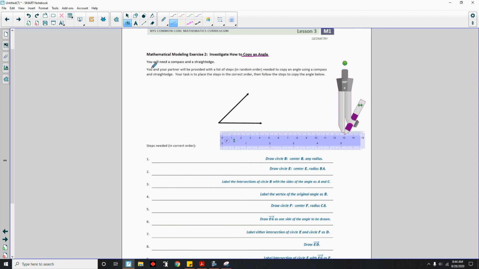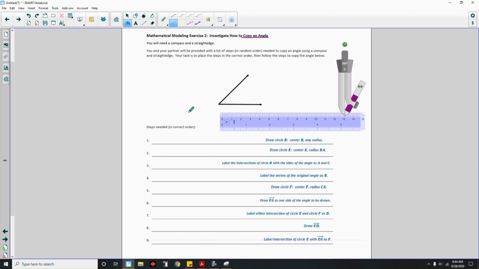If you were in class, you and your partner will be provided with a list of steps. So down here, I have a list of steps, in random order, I mixed them up. They are needed to copy an angle using a compass and a straight edge. Your task is to place the steps in the correct order, then follow the steps to copy the angle below.